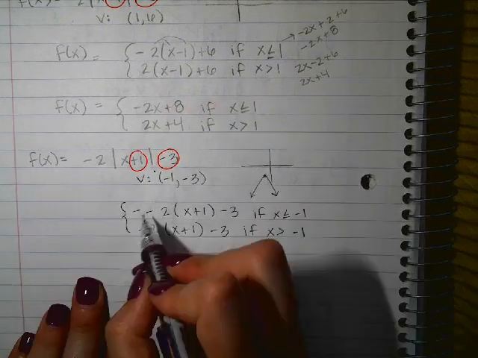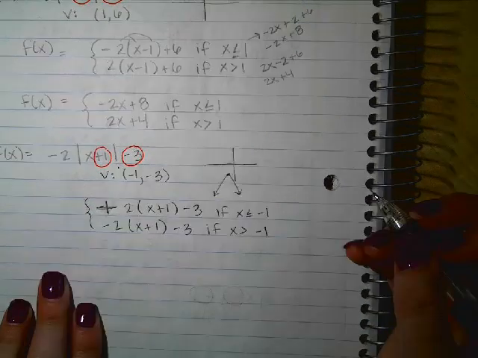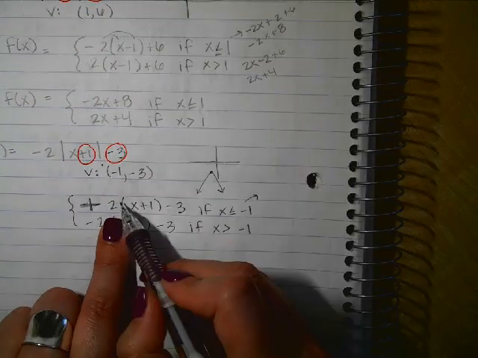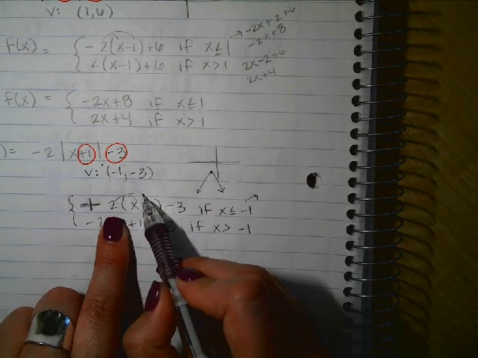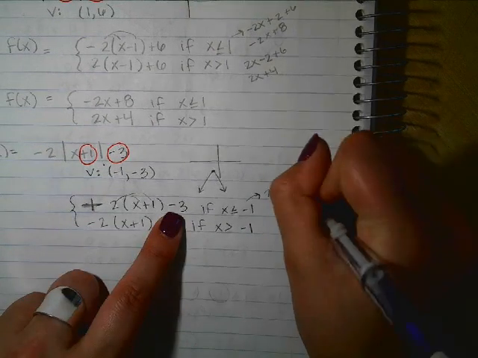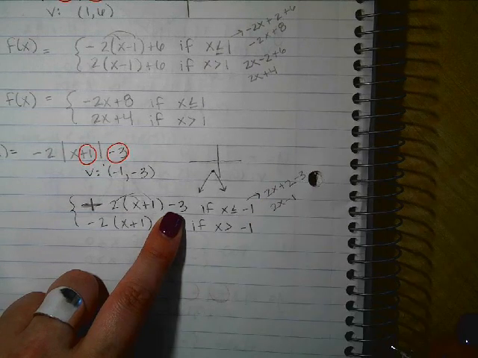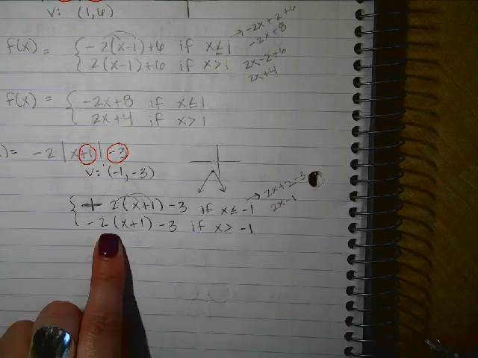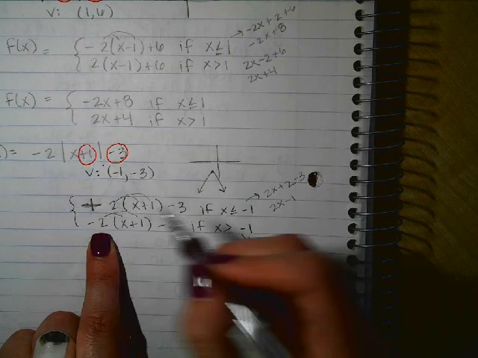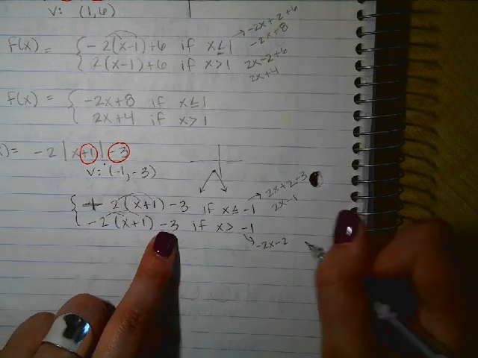All right, so minus minus, those basically cancel each other out. I'm going to go ahead and make those a plus. So again, we're going to show all that stuff. So we've got 2x plus 2 minus 3. So 2x minus 1. And then down here we have negative 2x minus 2 minus 3.